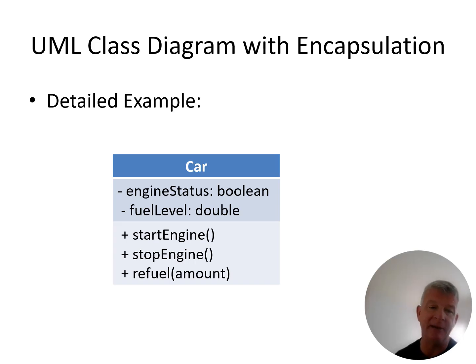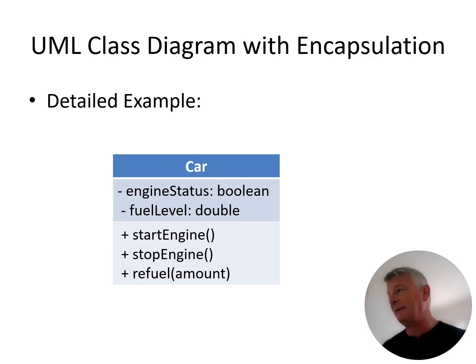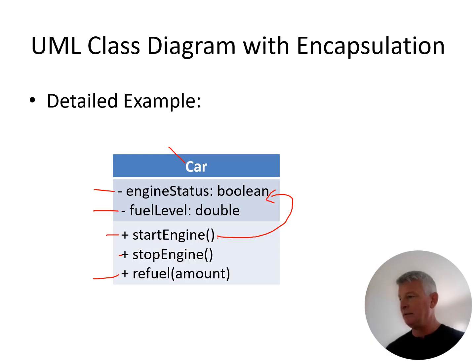Let's look at this again. If we did our car, right? We have engine status is Boolean, and notice that the name of the class is Car. Private, private, public, public, public. These control the engine status, stop engine, and this controls fuel.